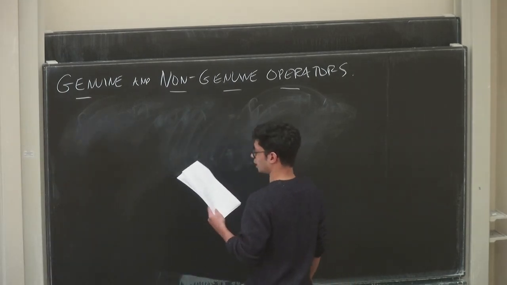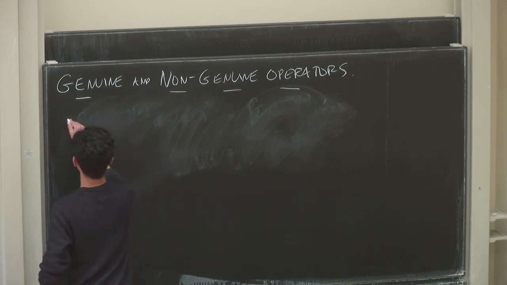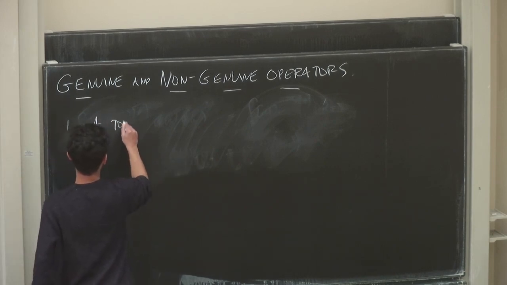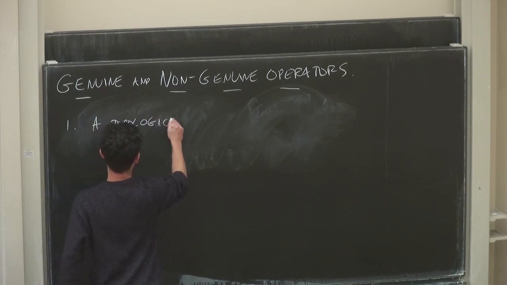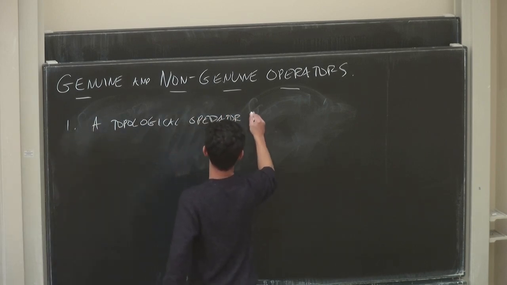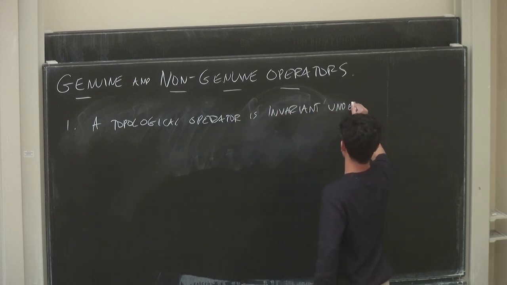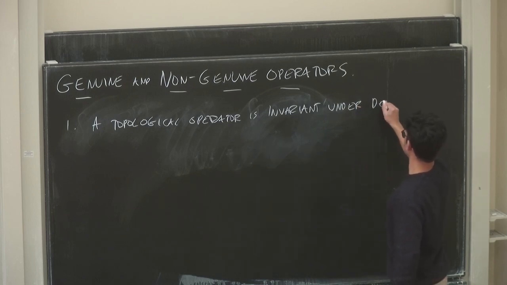This is just terminology, but it's something I'm going to use now, so I should introduce it. First of all, here are some different kinds of operators. Number one, a topological operator is invariant under deformations of its support.